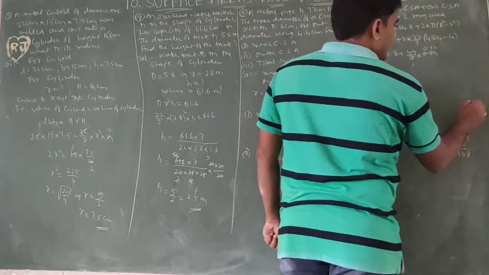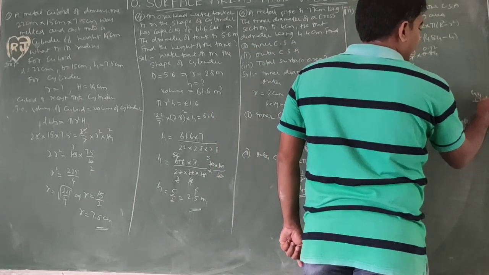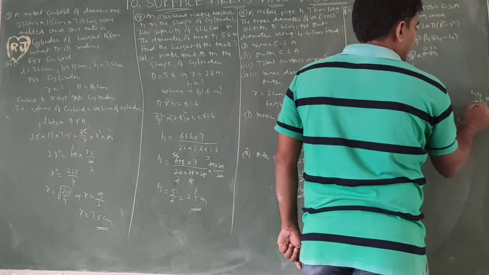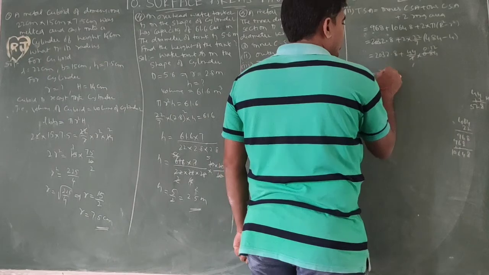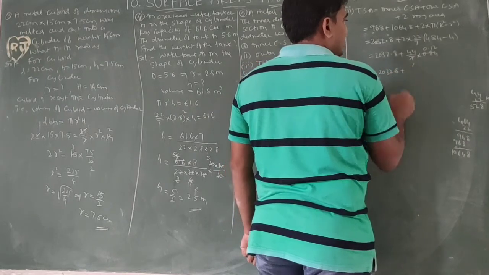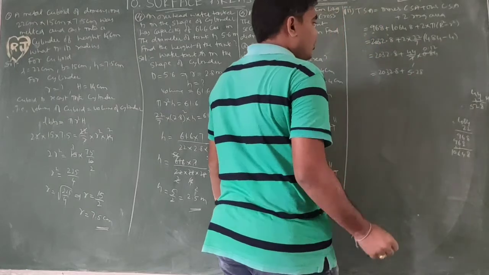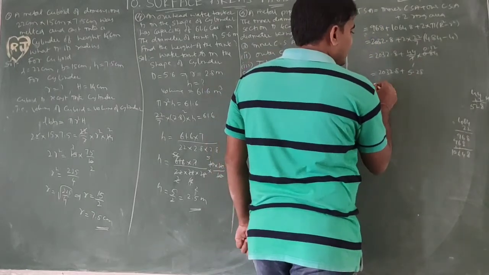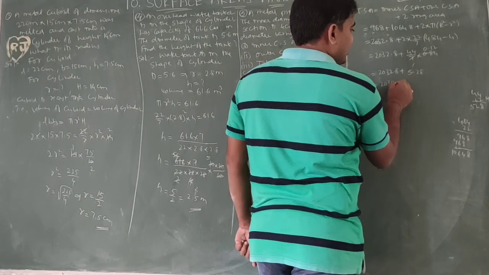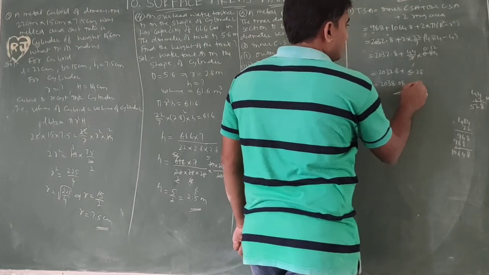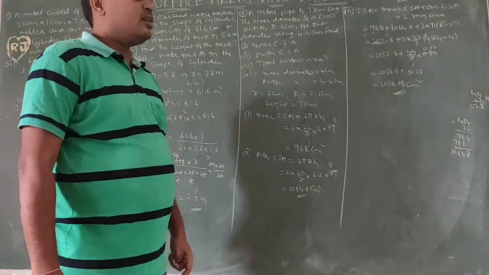So 44 into 12, 528, which gives 5.28. Now we add. So this will give 2038.08 centimeters squared. So this is the required solution.